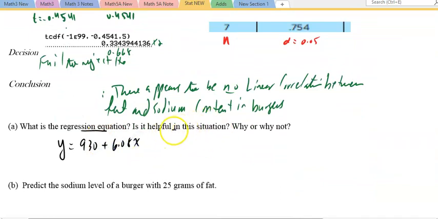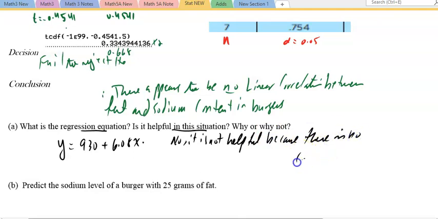There it is. Is it helpful in this situation? No. It is not helpful. Why? Because there is no correlation.